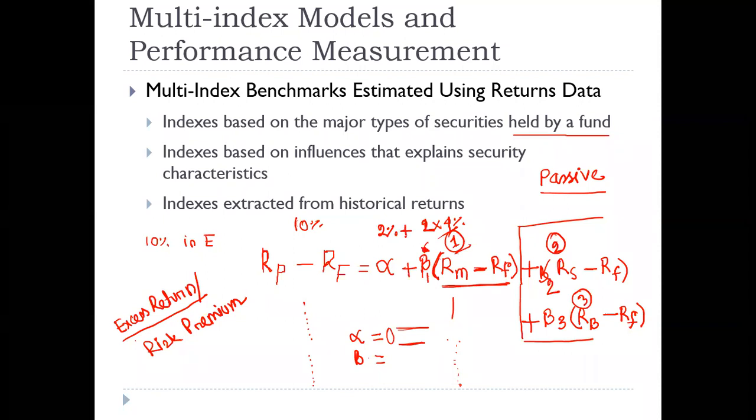So 2% is alpha. So it is only possible to have a significant alpha when you are an active fund manager, not a passive fund manager. If you are a passive fund manager, your 10% total return is expected to be wholly explained by which one? Your exposure to the index.